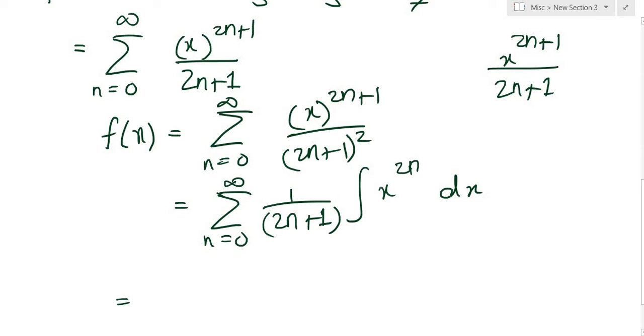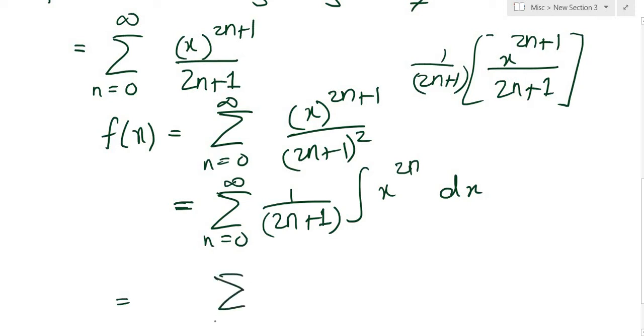So if we integrate x to the 2nth power indefinitely, you end up with this expression. And since I put 1 over 2n plus 1 outside, ultimately I'll have x raised to 2n plus 1 upon 2n plus 1, the whole thing squared, which is indeed our f of x. So this equality definitely holds.